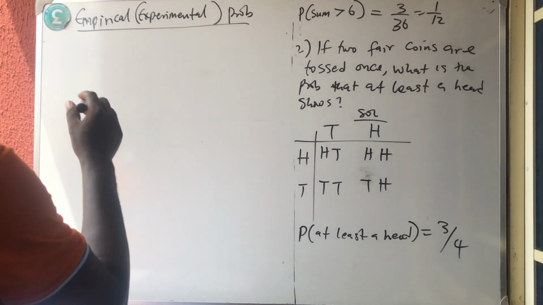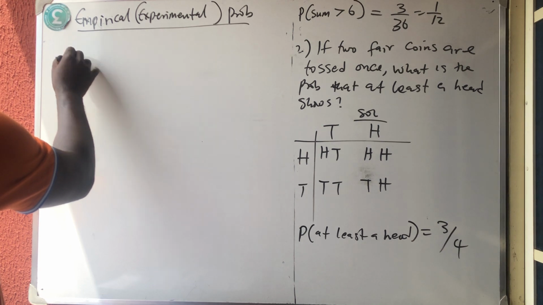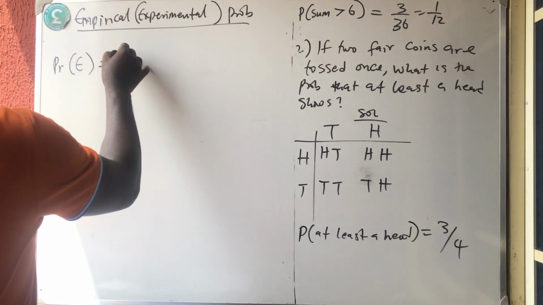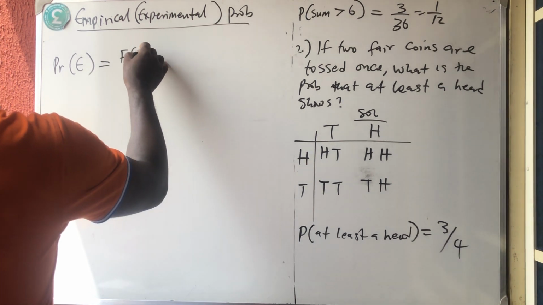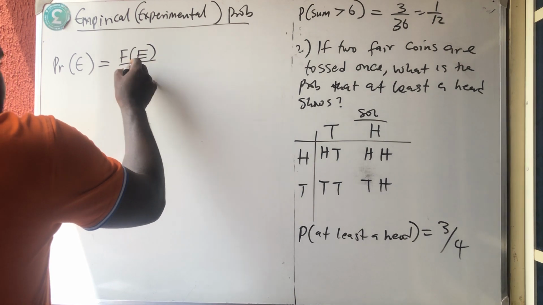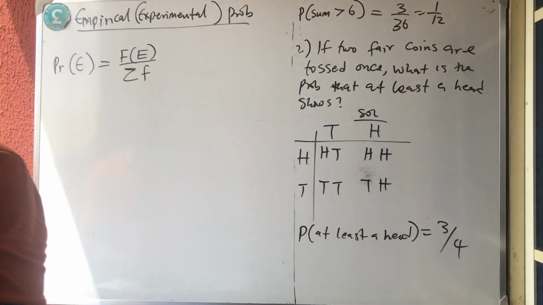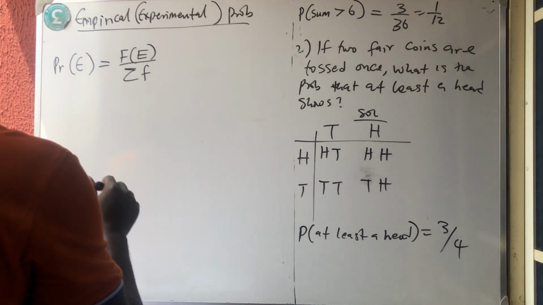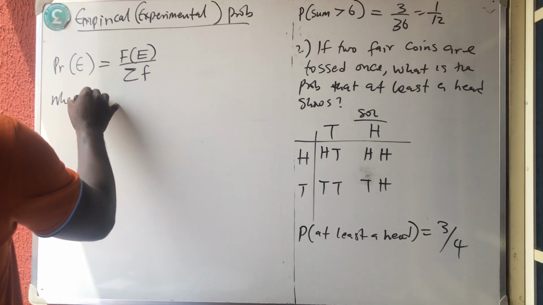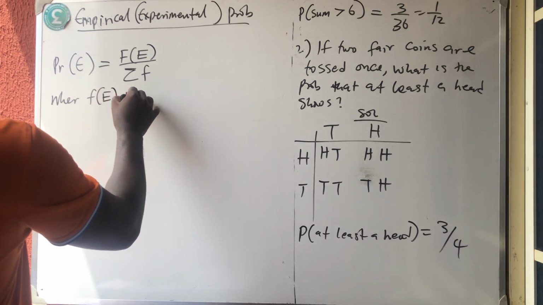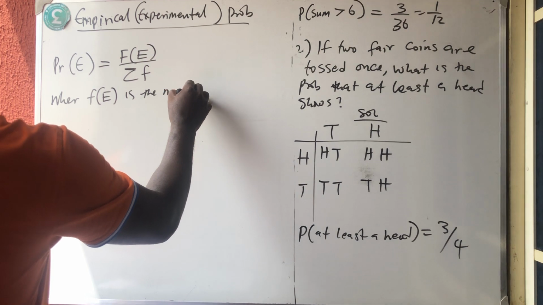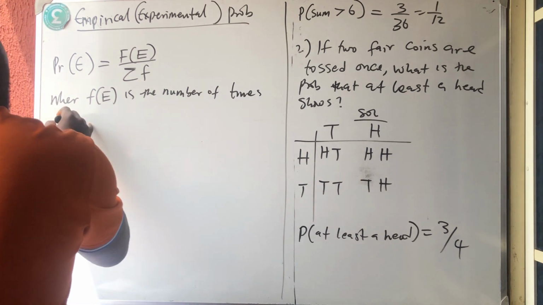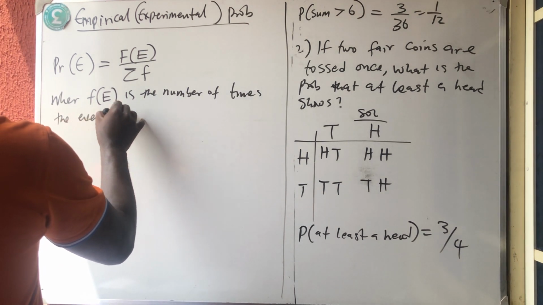So in experimental probability, we have that the probability of the event is equal to f(E) all over the summation of f, where f(E) is the number of times the event occurs.